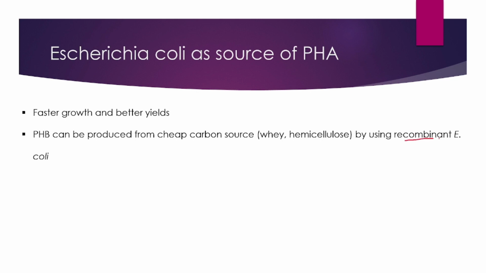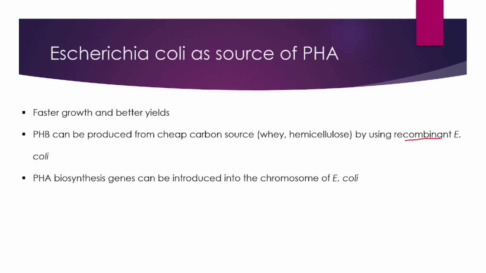This is one of the most important advantages, because the recombinant E. coli cells can be grown on these cheap carbon sources, and thereby we can get better yields of polyhydroxyalkanoates.